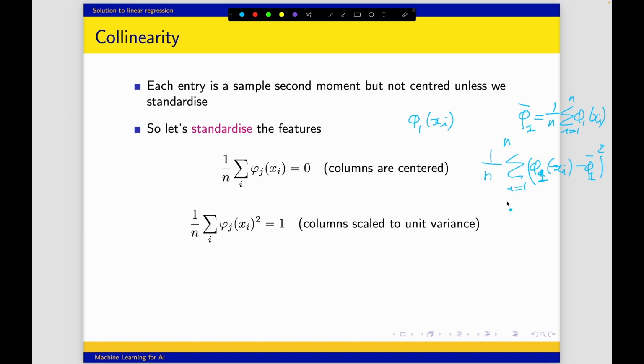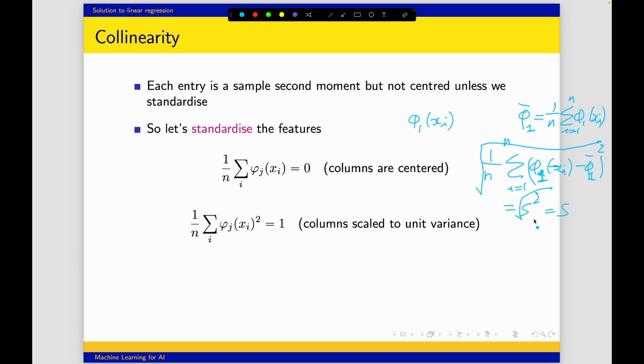So let's do this for the first feature. We can call this the sample variance, right? And so let's call this S squared. Then the sample standard deviation is going to be the square root of this, which is S.